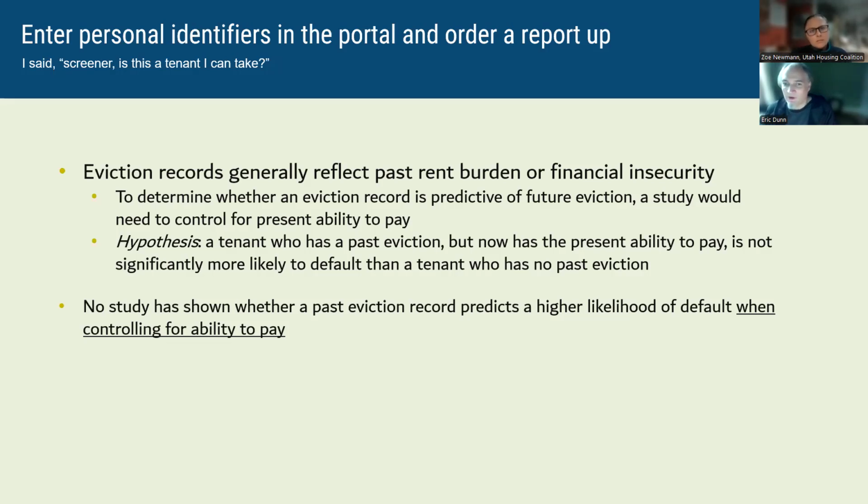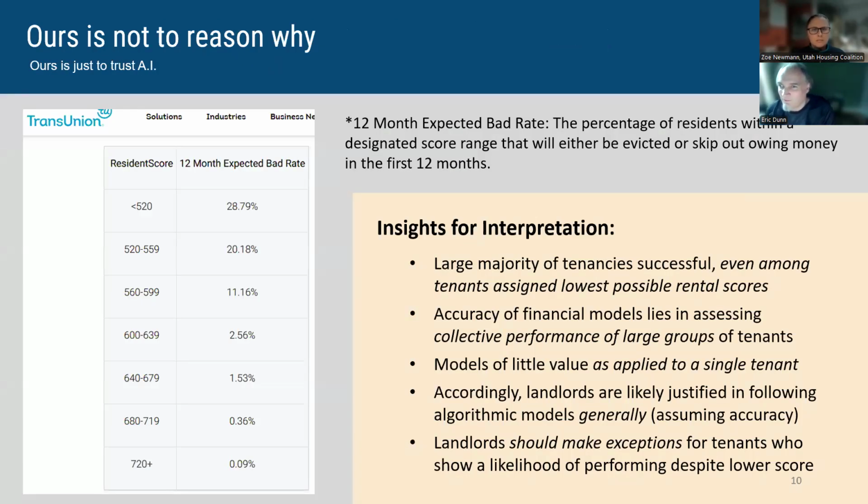That would be a proper way of testing whether an eviction record actually predicts an increased likelihood of a future eviction, but there hasn't been any study done that controls for this present ability to pay. So therefore, we really don't have any reliable evidence to say whether eviction records have any predictive value at all.